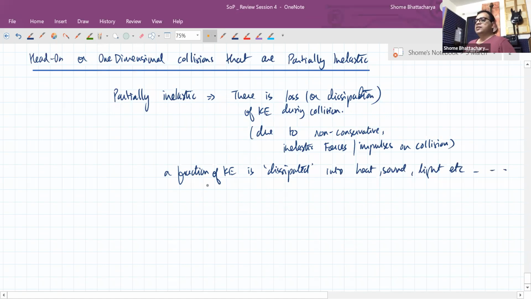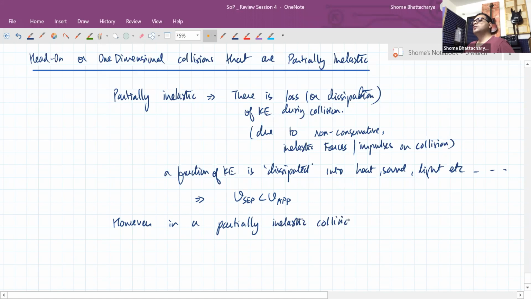So we'll also be able to show that when this happens, the separation velocity is always less than the approach velocity. Okay. However, in a partially inelastic collision, the separation velocity is not equal to zero.